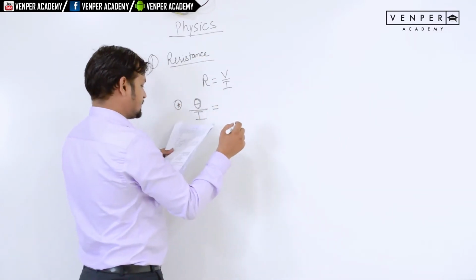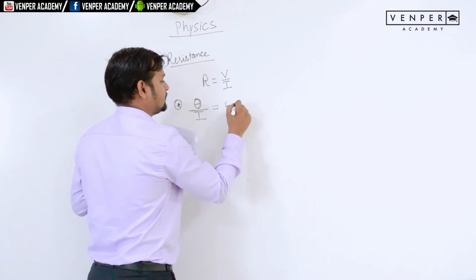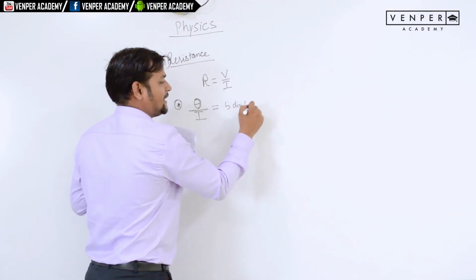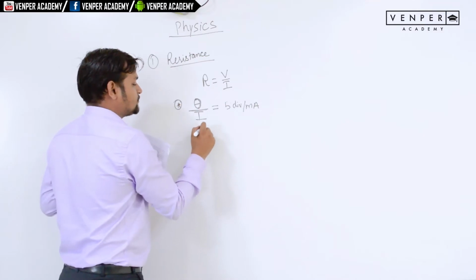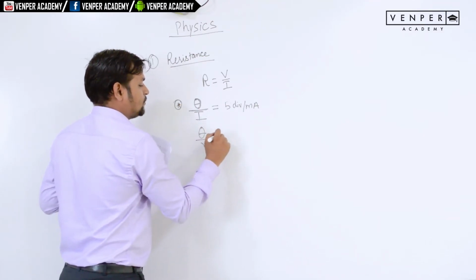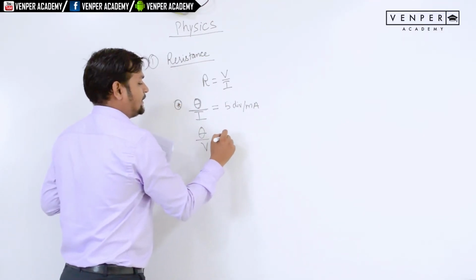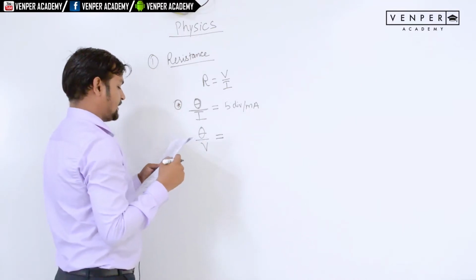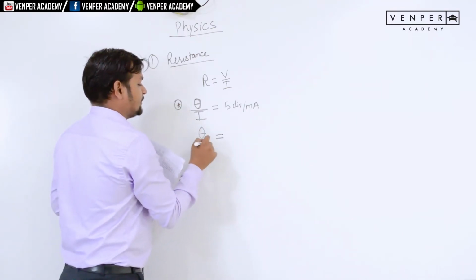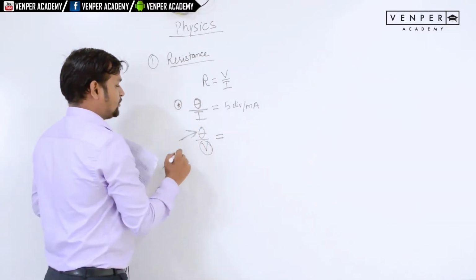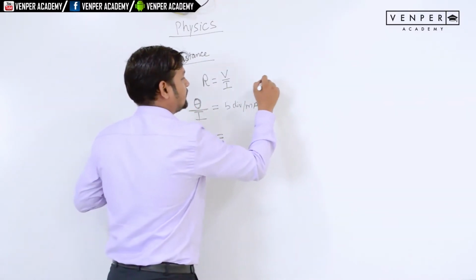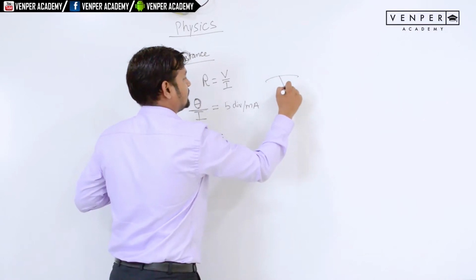So it is given as 5 division per milliampere. Okay. Next thing given is voltage sensitivity. Voltage sensitivity means that whenever some voltage is put across a moving coil galvanometer, what is its deflection?